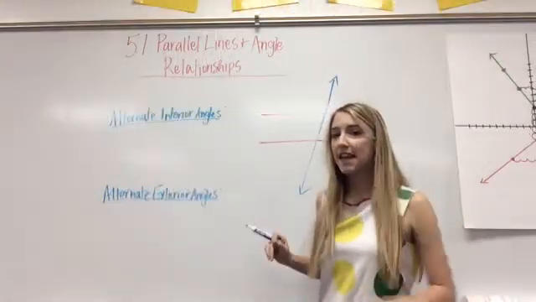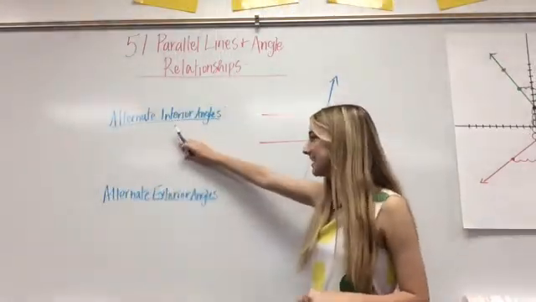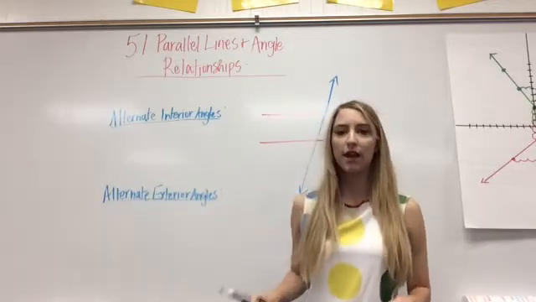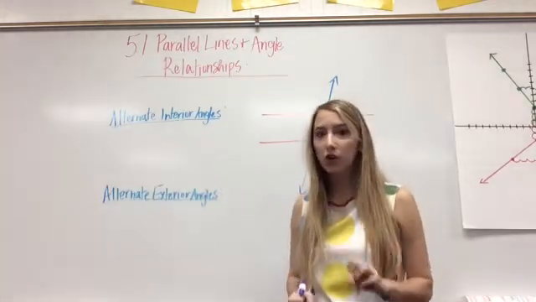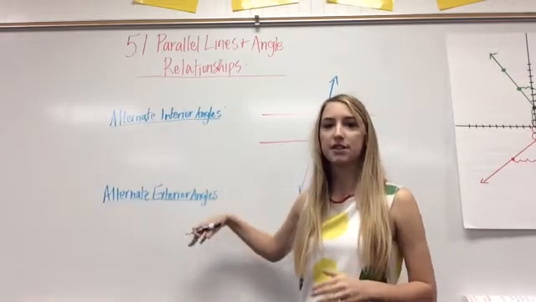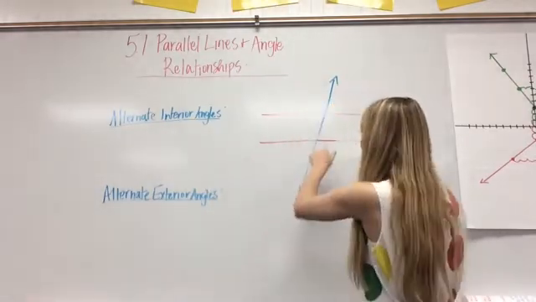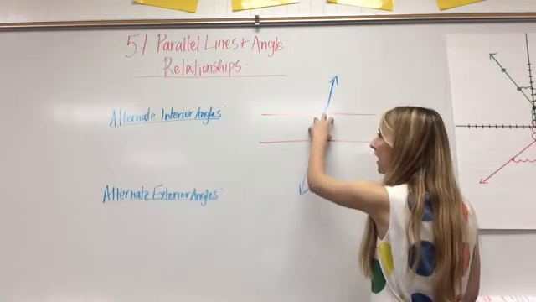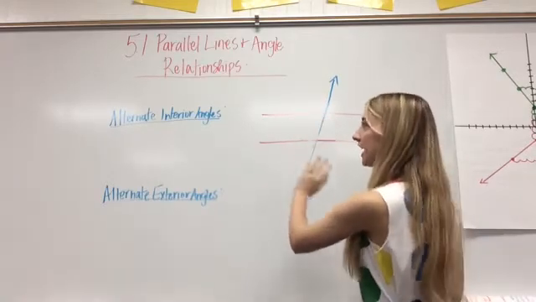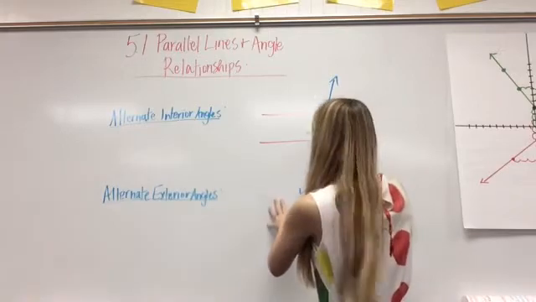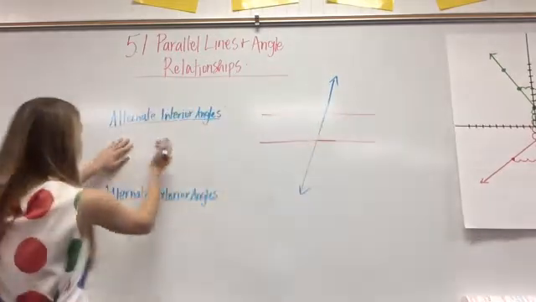Okay, so the next two definitions are alternate interior and alternate exterior angles. We're just adding another word onto the interior and exterior that we already just learned. So alternate interior angles are still going to be these four angles, but the alternate interior are going to have partners. So first I'll write a definition.